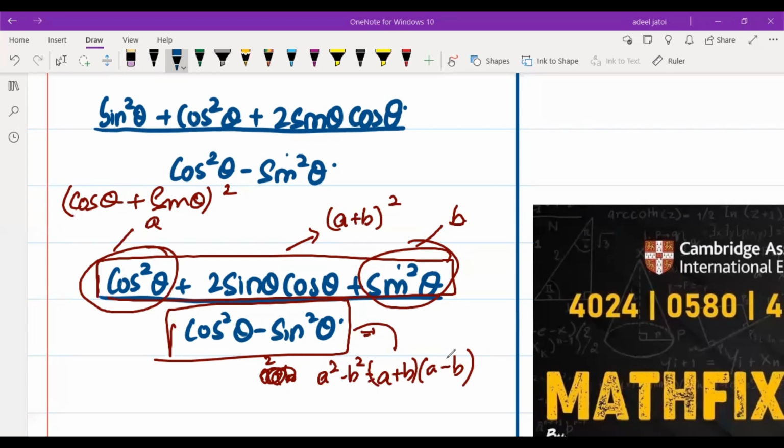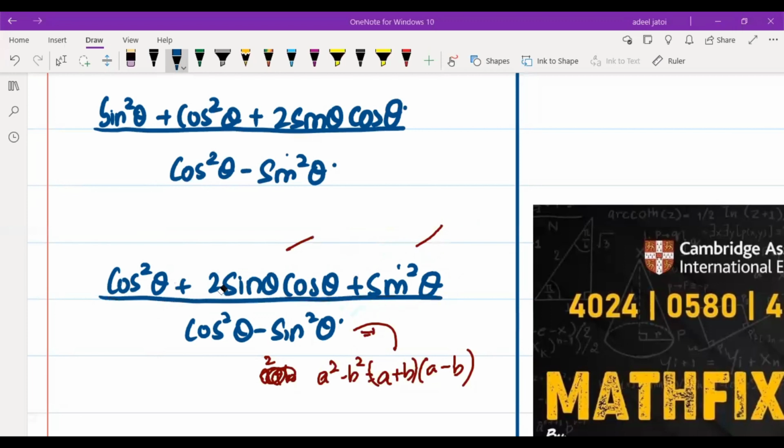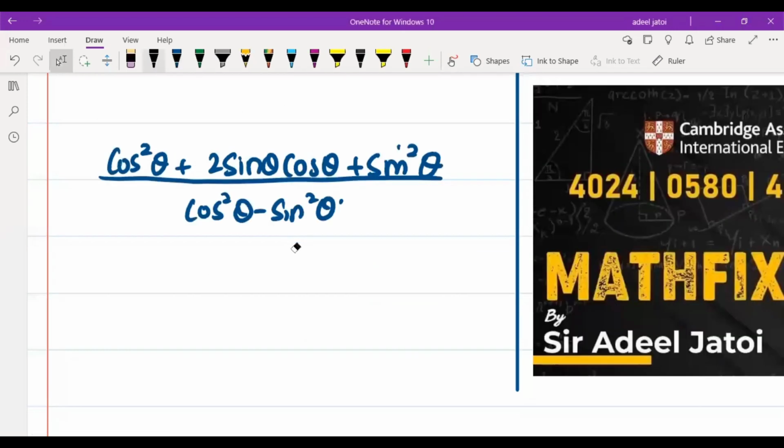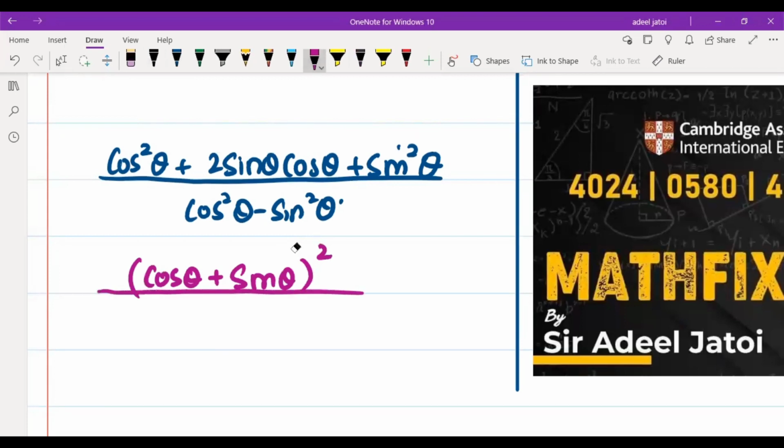So if we just open this up, we write our numerator in the form of a plus b, so this will be cos theta plus sin theta whole square upon cos theta minus sin theta and cos theta plus sin theta.